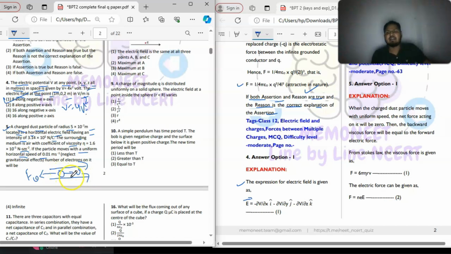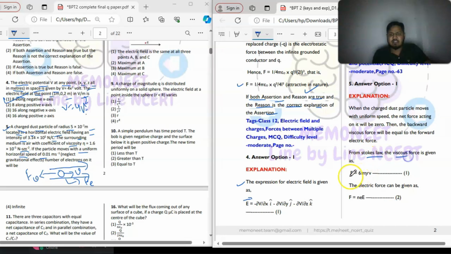Since this is the positive charge, the force on this will be along the direction of the electric field, that is Fe. So this electric force and this viscous force will be equal. From Stokes law, the viscous force is F is equal to 6 pi eta r v, and we know the electric force on the charge is F is equal to QE, right?